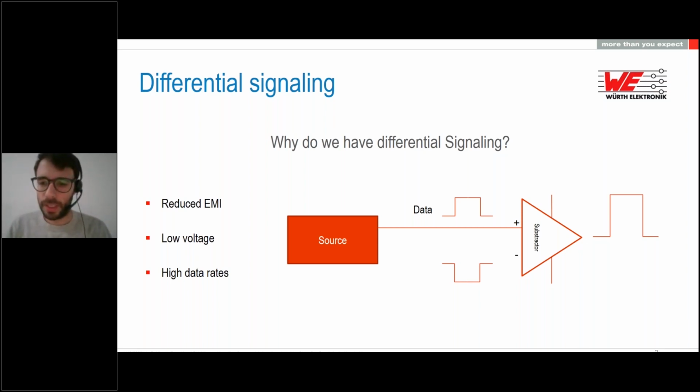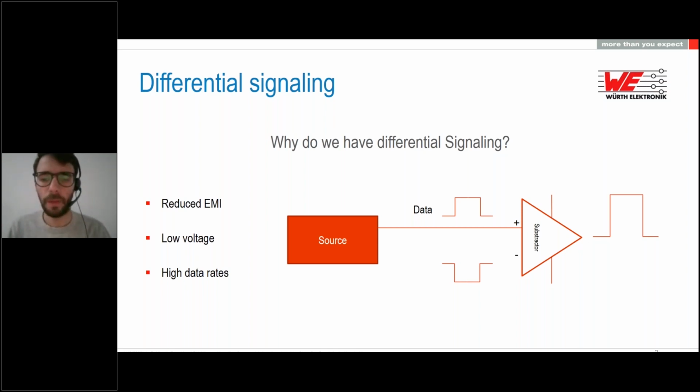Because they are able to maintain the signal to noise ratio, and they have reduced power consumption. We can also use higher data rates using this kind of design, and we are also reducing the EMI that can be caused by the design.